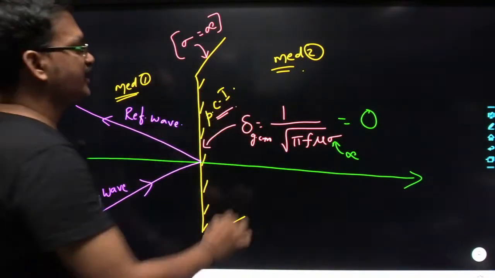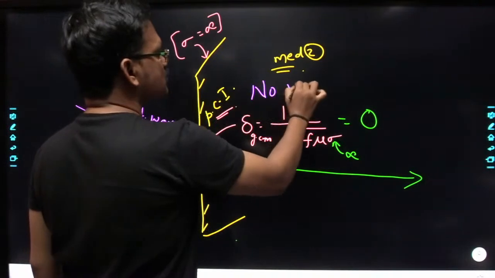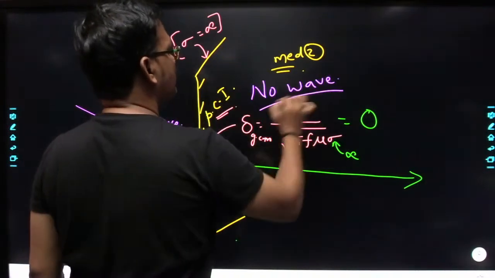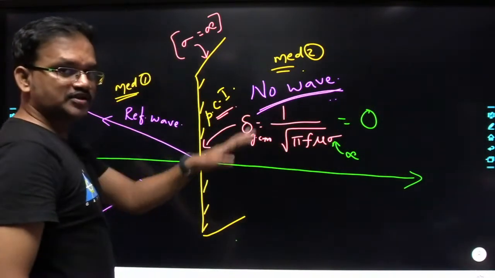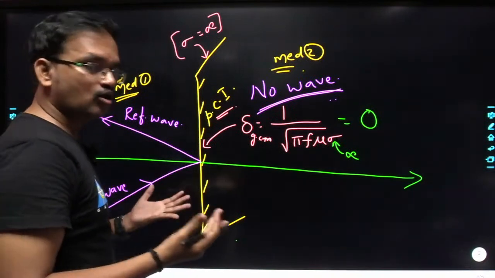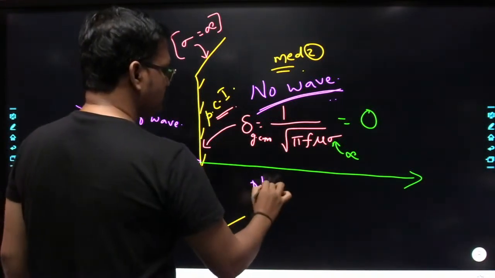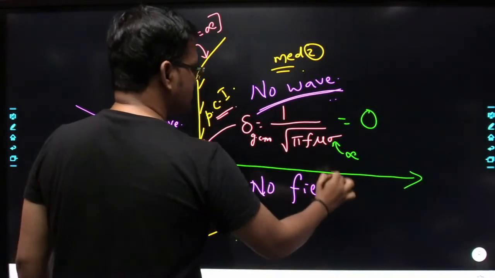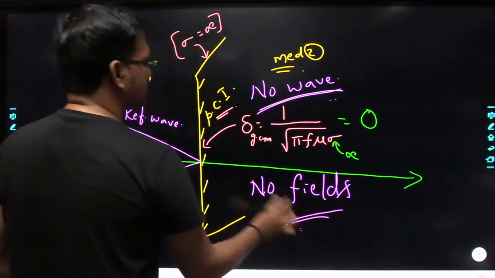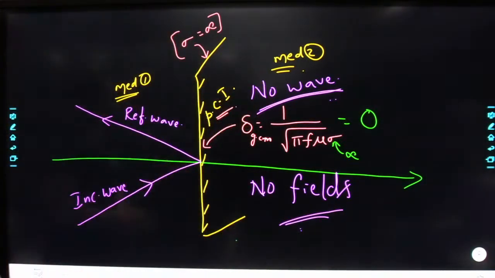Okay, so there is no wave penetrating into medium 2. If there is no wave, it means no electric field and no magnetic field here. So in this medium there will be no fields penetrating into it, right?